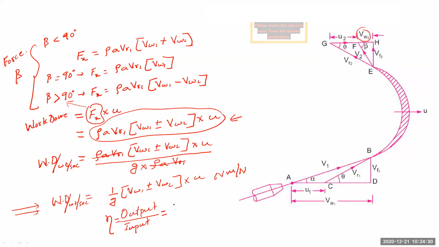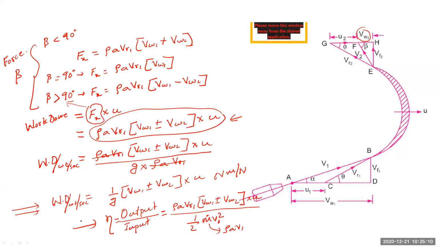So you can directly write rho into A into VR1 inside bracket, VW1 plus or minus VW2, into U, where U is the velocity of the vane. And kinetic energy of the jet is half mv square, so here we will use the jet velocity and the mass flow rate of the jet, which is rho A V1. So this is regarding the efficiency.